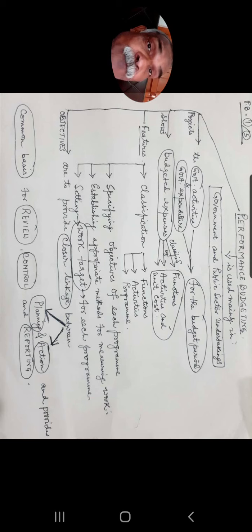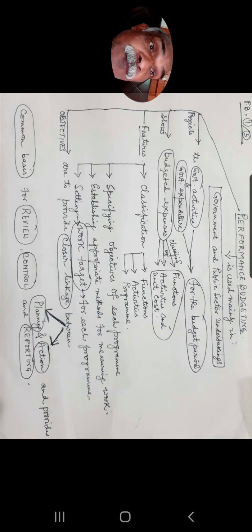I already told you that many functions are performed in organizations, like in any industrial organization: sales, research and development, production, raw material purchase, procurement, and so on. The same is true here. So the performance budget shows the budgeted expenses classified by functions, activities, and unit cost.